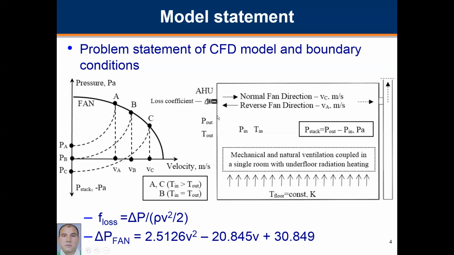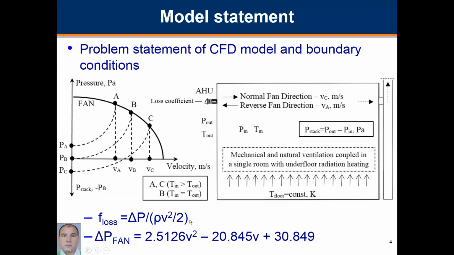The air handling unit is modeled as an individual domain with a constant pressure loss coefficient, which describes the resistance of the system, and the equation used is shown on the screen, where delta P is the pressure drop, ρ is the airflow density, and v is the velocity of the minimum floor area.